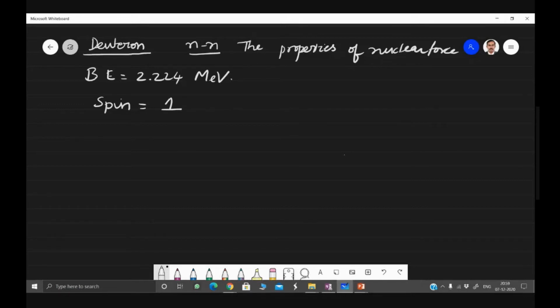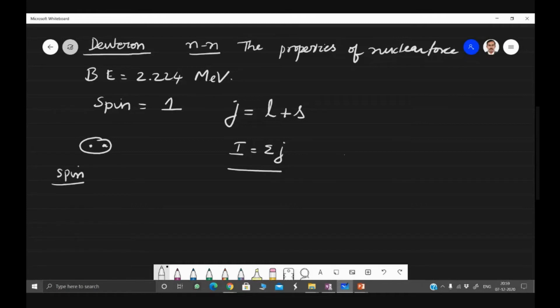The spin of a nucleon J is given by the sum of the orbital angular momentum and the spin angular momentum, and the spin of the nucleus is given by the sum of all J values. And since the deuteron is a two nucleon system consisting of a proton and a neutron, each will possess half integral spin. So we can have four different possibilities for spin.